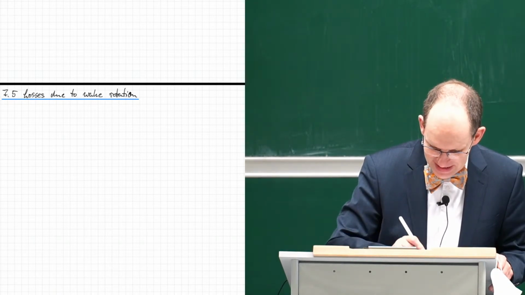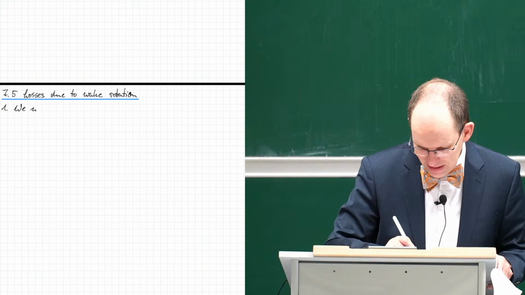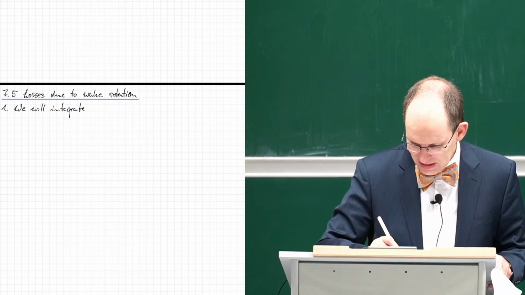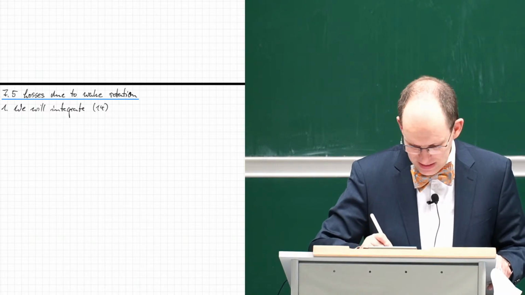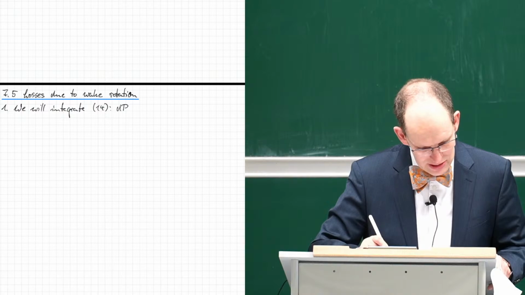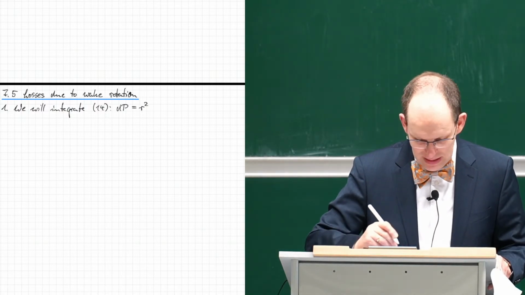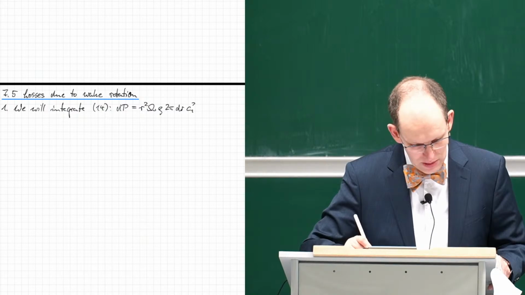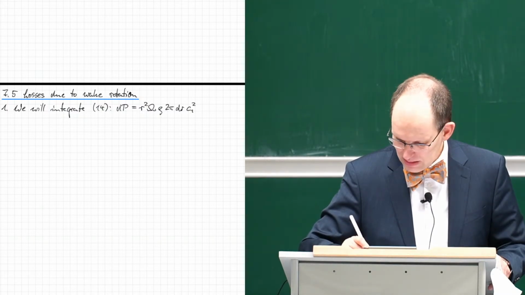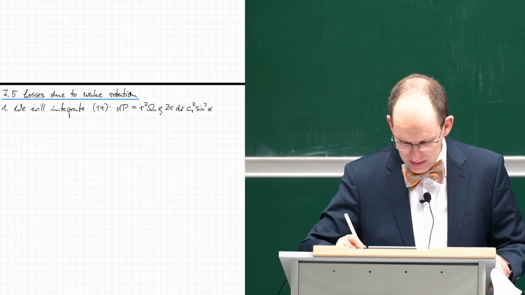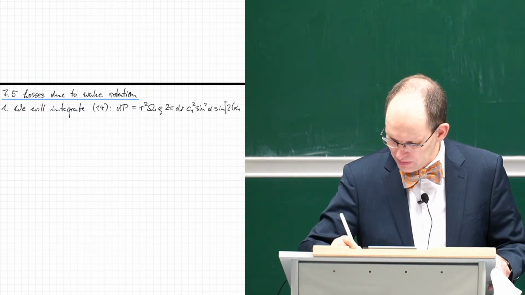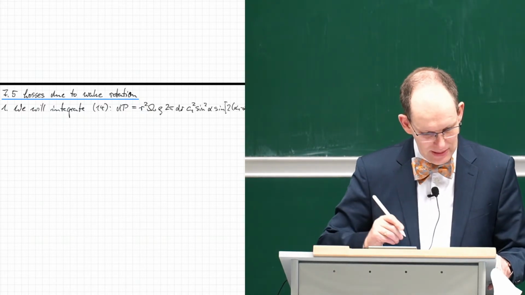And for your convenience, I just write it down once more. So we have r squared omega rho 2 pi dr times c1 squared sine squared of alpha, and then sine of 2 times alpha 1 minus alpha.